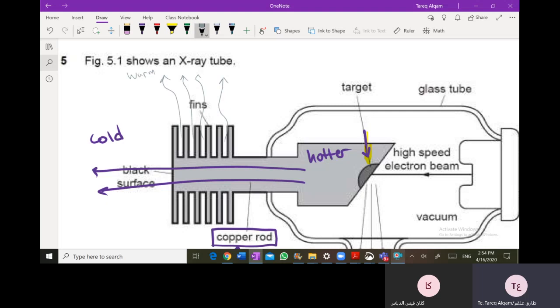Of course, this air becomes warm because it gains heat from the copper rod, because the copper rod becomes hot. So warm air here near the metal fence gets warmer because it gains heat from the fence or from the rod.